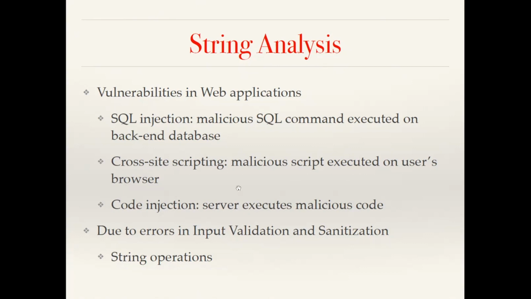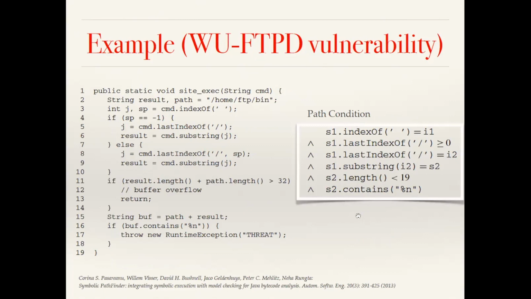So of course, there is a lot of interest in performing symbolic execution when the inputs are strings. And I believe you heard a talk earlier at the workshop about an effort along these lines. I will not spend too much time on it, but I show here an example from code that we analyzed in the past.